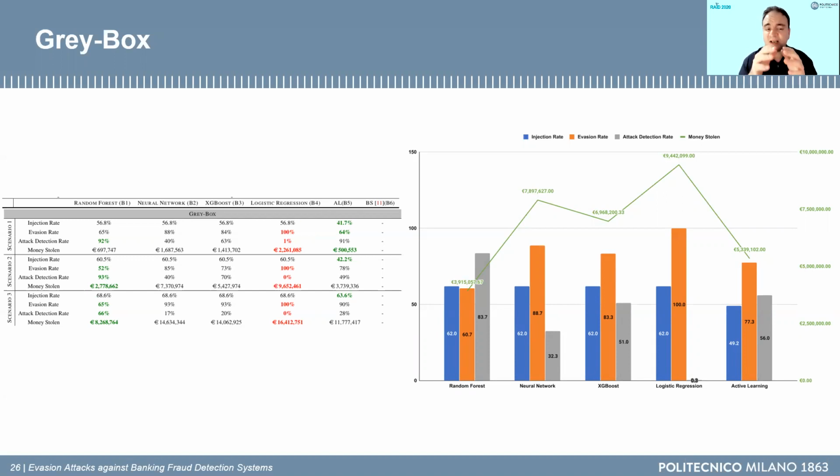It is interesting to notice how there is a significant deterioration in the detection performance of the active learning detector, which has an evasion rate of 90% and a detection rate of 28%, values which are much lower than those obtained in the other settings. Detector B4, instead, is easily evaded, with an evasion rate of 100%.